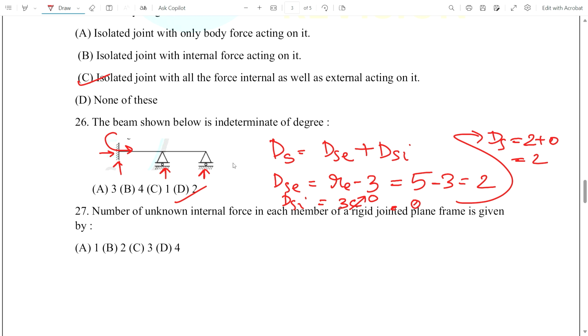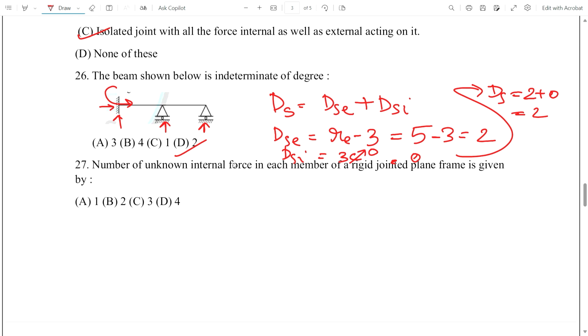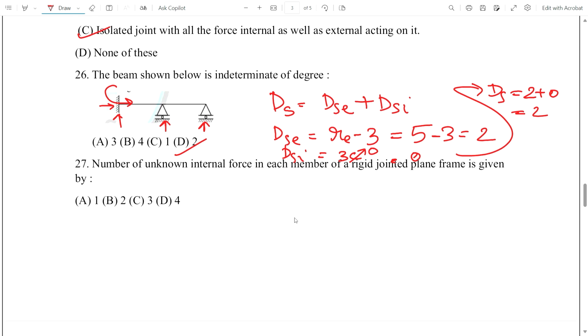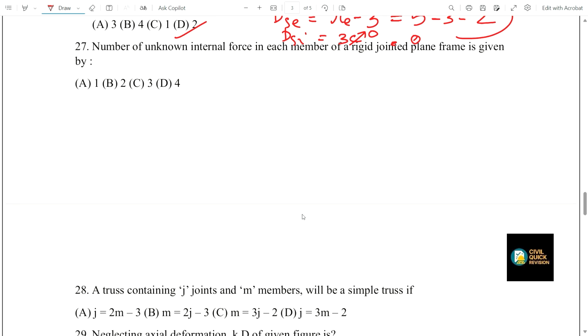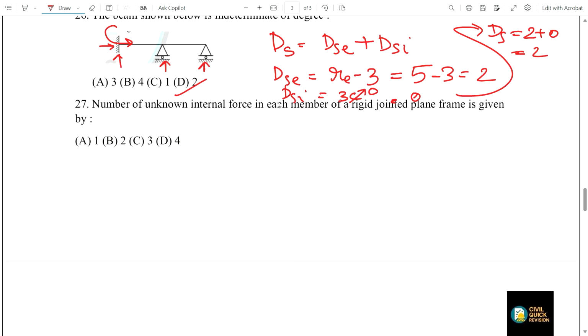Now coming to question number 27, number of unknown internal force in each member of a rigid jointed plane frame is given by. Here they ask internal force in each member of a rigid jointed frame. If I draw a rigid jointed frame like this, they ask internal force in each member.